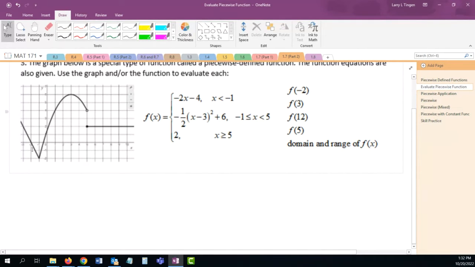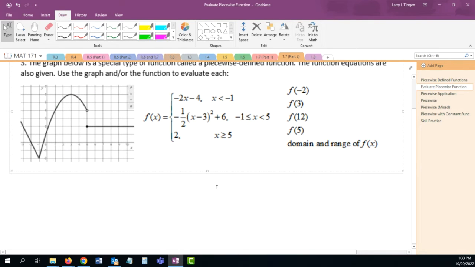Now, take a look at what that looks like. So here's the graph of that. f of x equals -2x minus 4 when x is less than -1. x is -1 is here, and there it is. There's that line, -2x minus 4. And then it stops, right? The line stops right here.